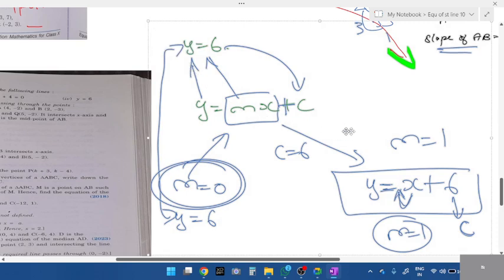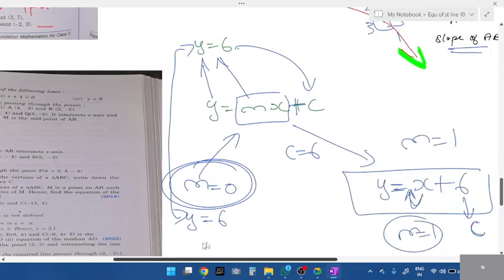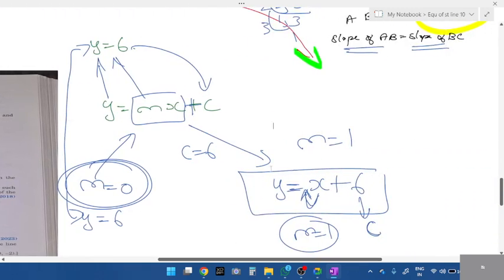Completed? Shall we do the next main? Write it, students. Write this question. 11th main, 4th one. Write 11th main, 4th one.